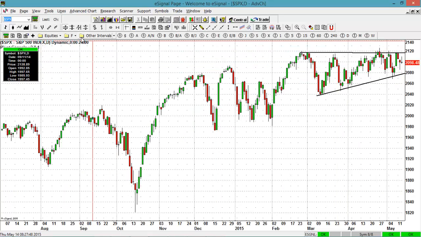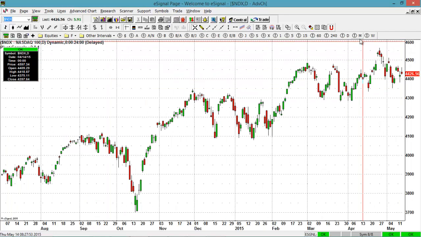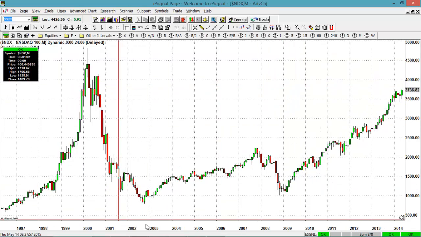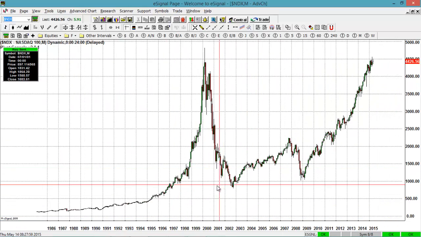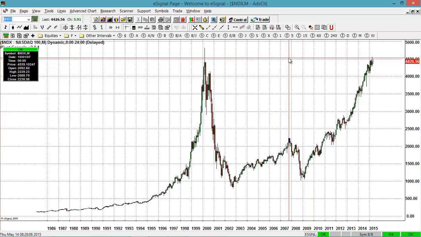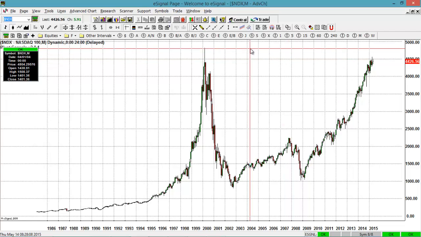Looking at the Nasdaq, this is a monthly chart, and the all-time high was made in 2000 at 4,816, and we're now at 4,426.